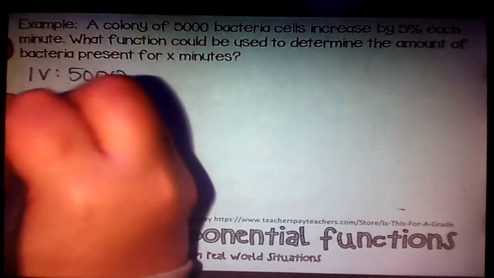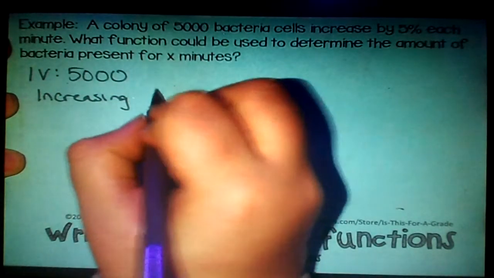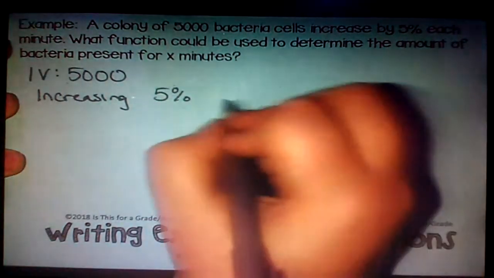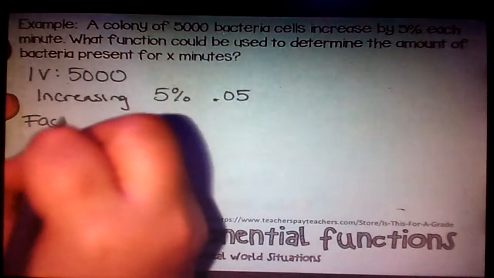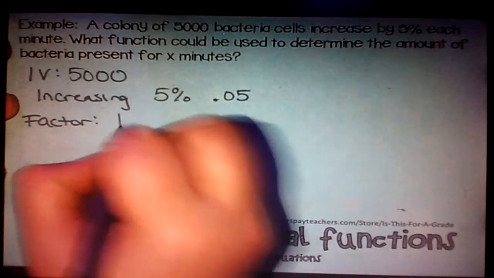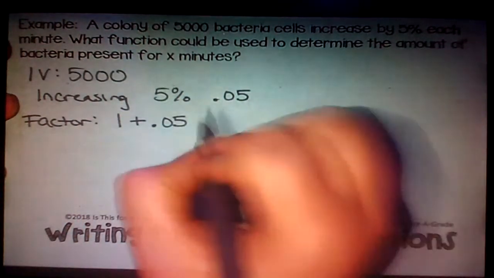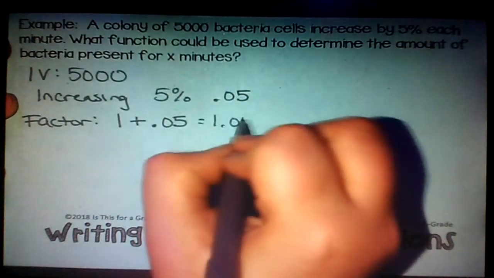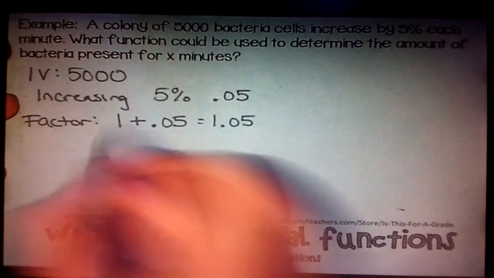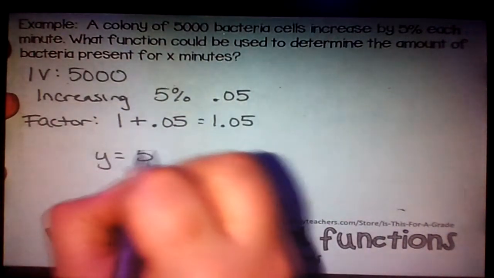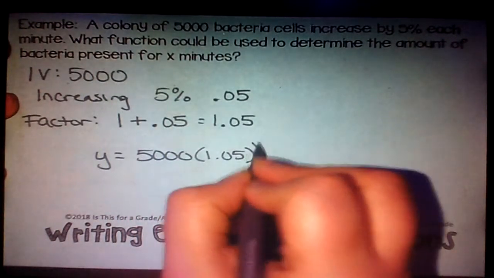Okay, so we're increasing by 5%, which is what as a decimal? 0.05. So to get my factor, because I'm increasing, it's 1 plus 0.05. So 1.05. And then y equals 5,000 multiplied by 1.05 raised to the x.